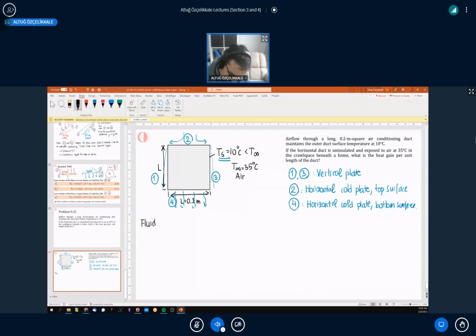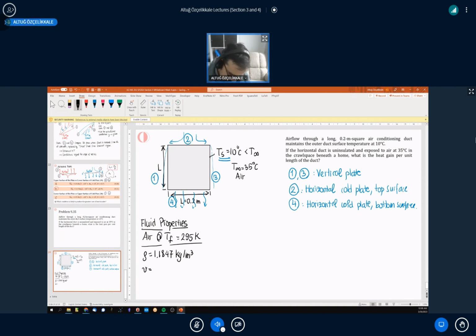Fluid properties. I'm rushing ahead of myself. Fluid properties. Film temperature, that's 295 Kelvin. And the properties for air at that temperature are density equal to 1.1847 kilogram per cubic meter.